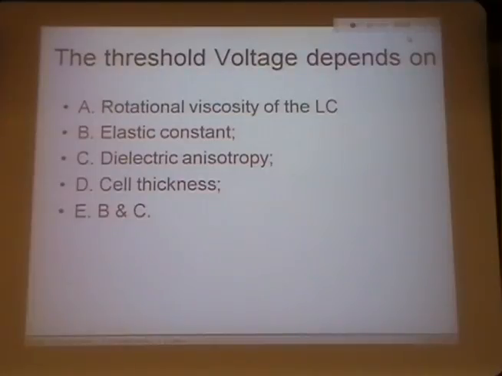I guess I don't expect a very large number of clicker votes so far. People are still coming. So we'll see who is on time using clickers. I'll stop the system in 40 seconds or so. So in a liquid crystal cell device, this threshold voltage depends on, and those are possible answers.